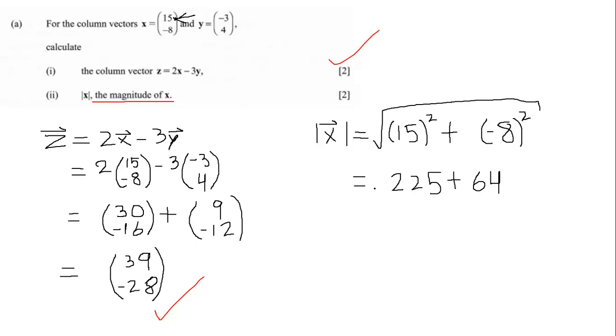We cannot forget the square root sign that remains. Now, what is 225 plus 64? That would be 289.